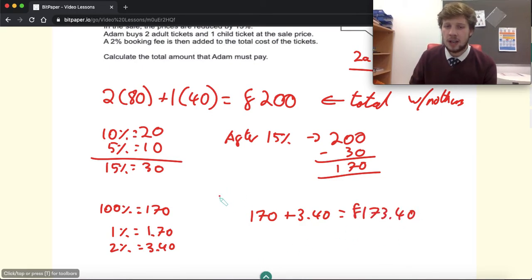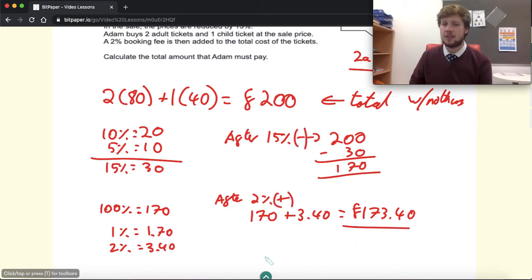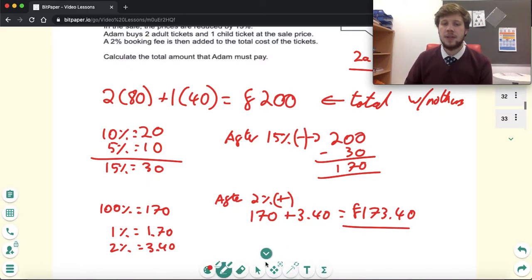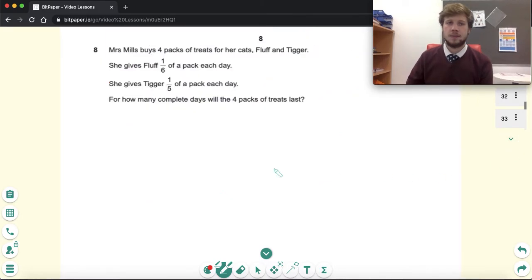And this would be after 2% added, this was 15% taken away, and this is added. So my final answer would be this £173.40. That is a very expensive theatre, but that is besides the point.